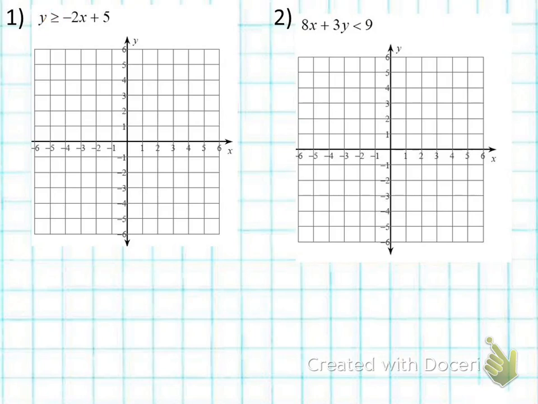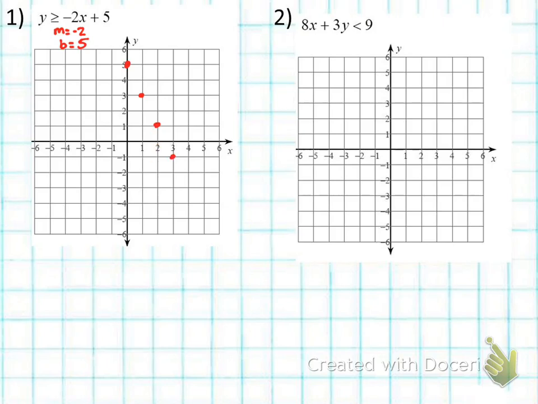Okay, so first thing I'm doing is checking to see if it's in y equals mx plus b format. It is, so my slope is equal to negative 2, and my y-intercept is 5. So this problem is super easy. It's already basically done for me. All I have to do is plot my y-intercept, then I plot my points accordingly based upon the slope.